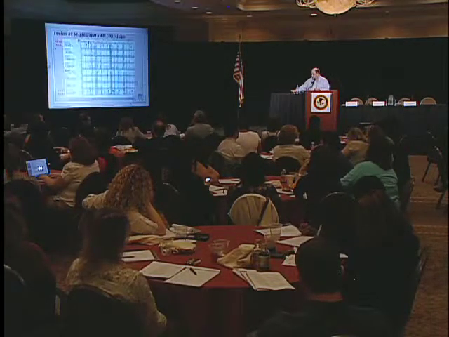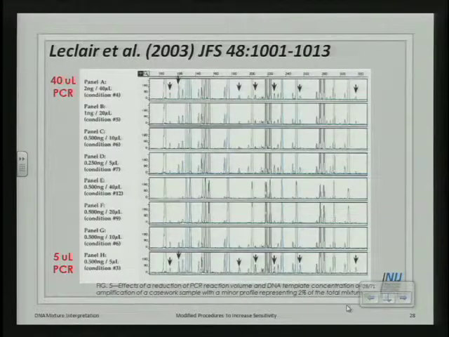This is an example from Benoit Leclair in 2003, where they were looking at a 40 microliter PCR. I know this is kind of hard to see, but the scale here is the same, and what they were trying to do is to visualize the minor component. You see these arrows here. At 40 microliters, 2 nanograms total, you get a number of these minor alleles present.